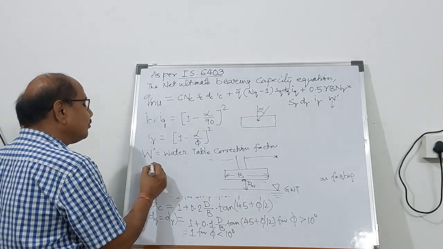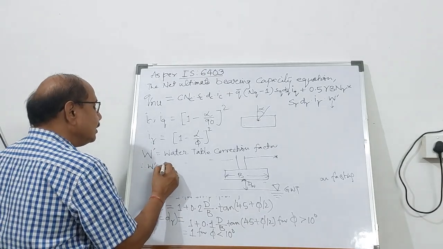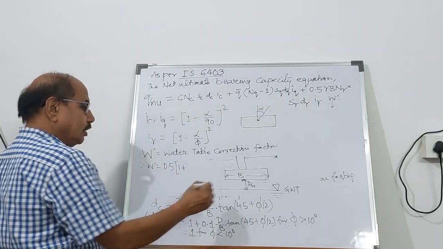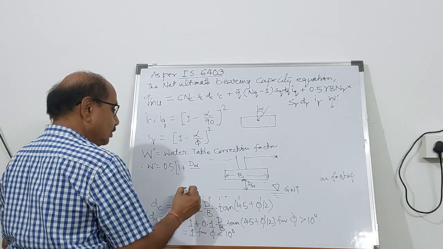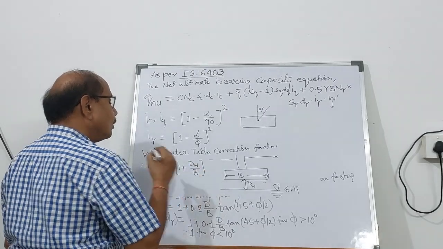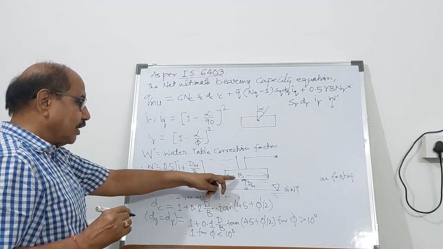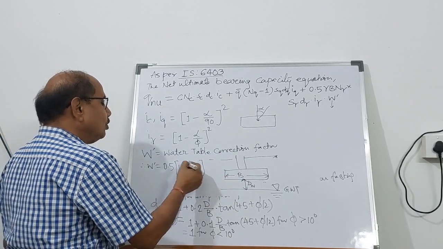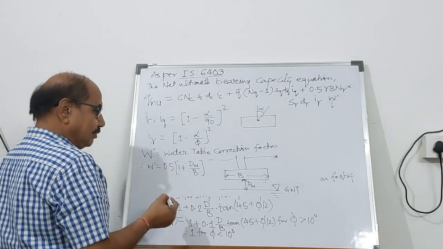Then the water table correction factor W dash equals 0.5 into 1 plus the depth of the water table from the base of the footing divided by B, the width of the footing. When dW becomes 0, that means the groundwater table is touching the base of the footing, this term becomes 0, and the water table correction factor will be 0.5.